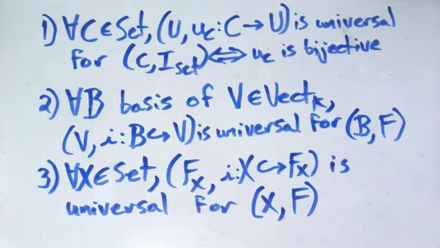And finally, we said that for any set X, the free group F, which can either be defined categorically or constructively, and the inclusion map from X into the free group on X is universal for X and the forgetful functor again, but this time going from groups into the category of sets.